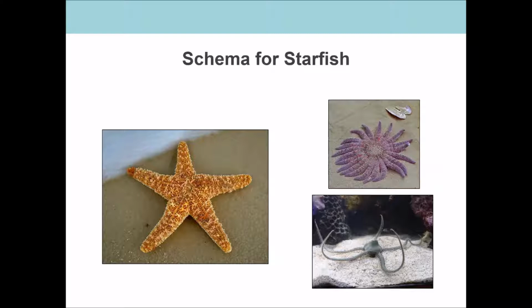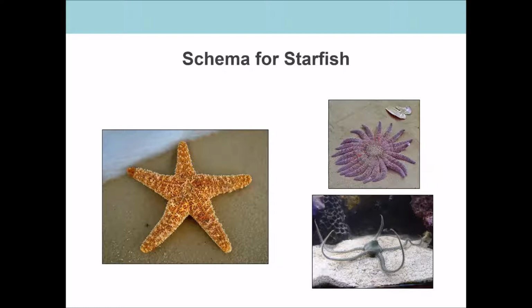And that's what the picture shows on the bottom left-hand side. Now when I say what comes to mind when you hear the word starfish, you know what students say? Patrick. They say Patrick from SpongeBob SquarePants.